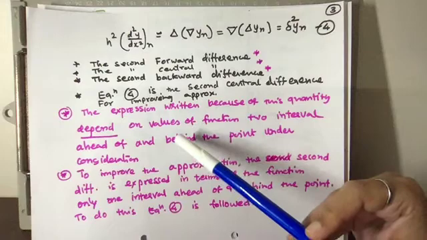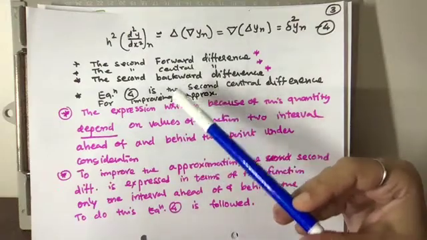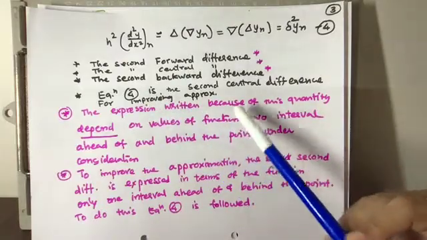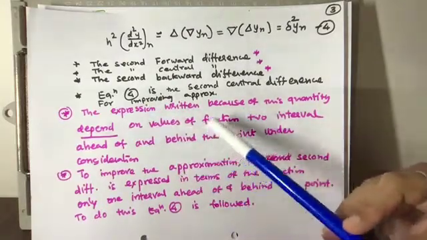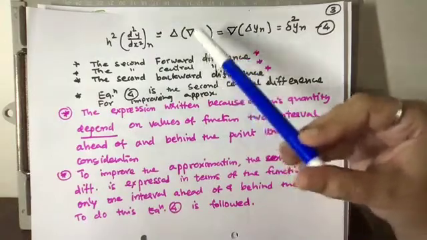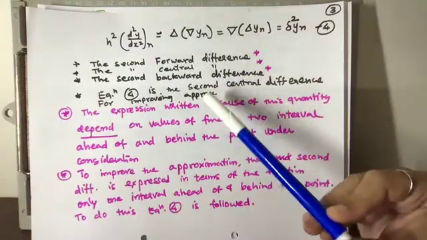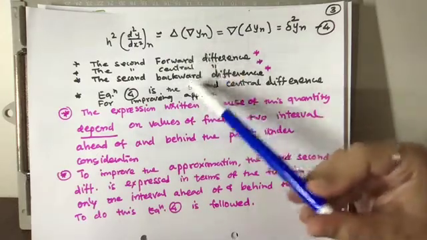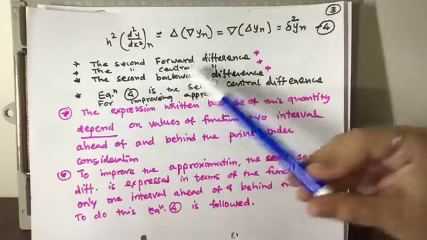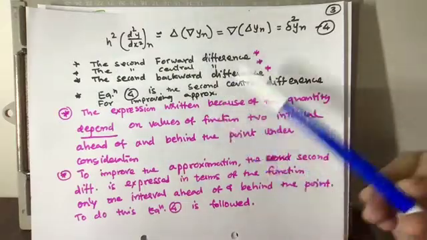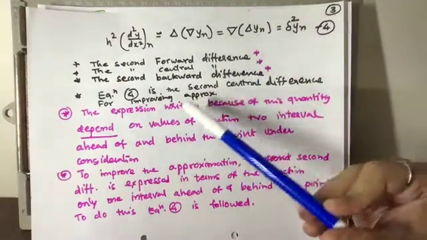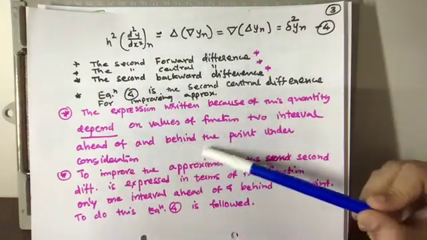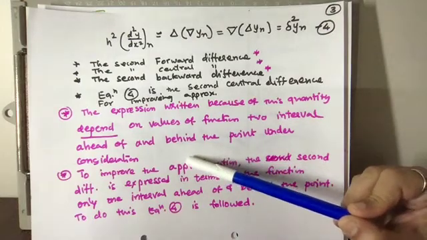If you take the differentiation, we can evaluate these values for the second derivatives. If we take the second forward difference and the second central difference, we come to know that these values actually depend on the values of the function two intervals ahead and two intervals behind the point under consideration.